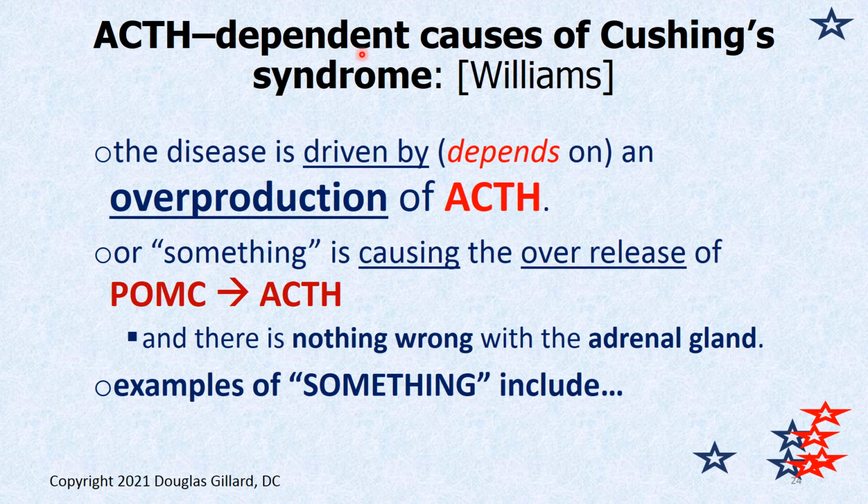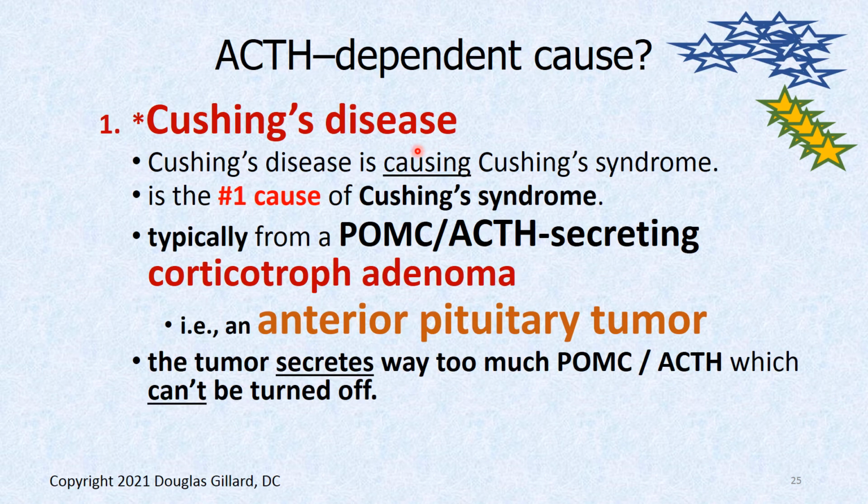Alright, so ACTH-dependent causes of Cushing syndrome. This disease is driven by the overproduction of ACTH, or POMC-ACTH. So that means that there's nothing wrong with the adrenal gland. The adrenal gland's fine. There's something wrong with the pituitary. And it's usually a corticotroph tumor, as we'll see.